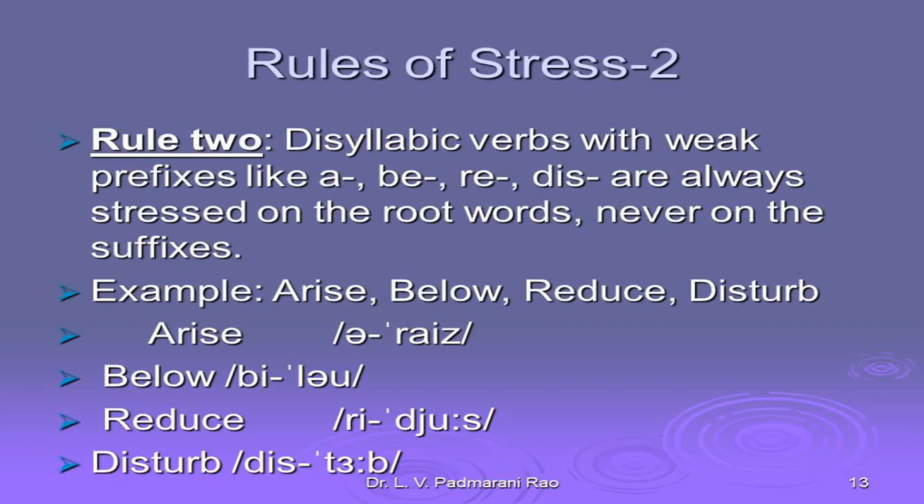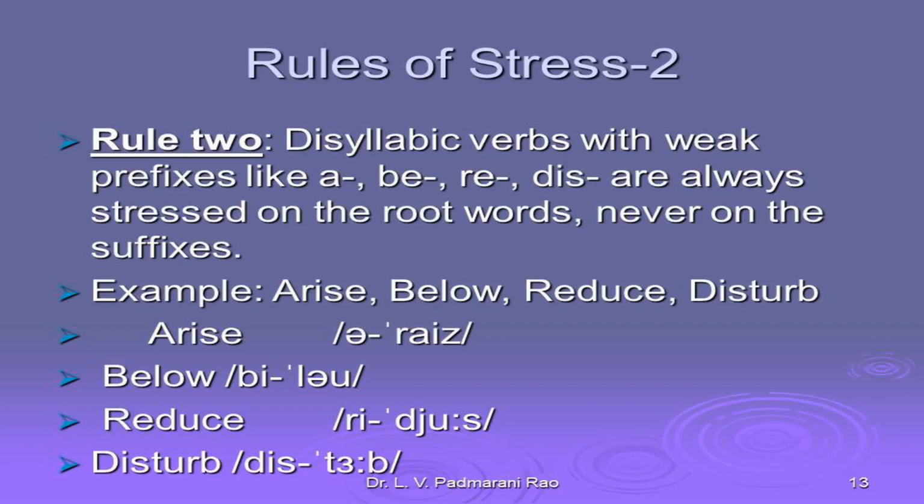The second rule talks about disyllabic verbs with weak prefixes like a, be, re, and dis. If the disyllabic verbs are with the weak prefixes like a, be, re, dis, they are always stressed on the root words and never on the prefixes. This is the rule, so the root words are to be accented.